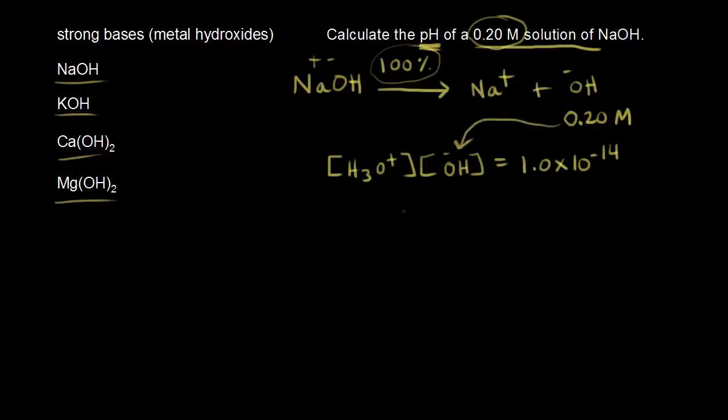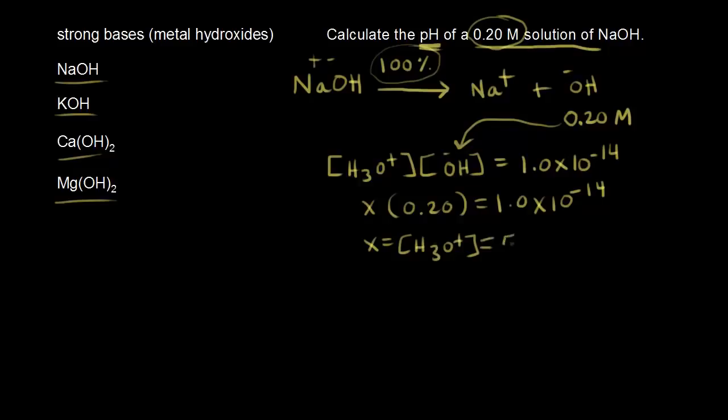So we can plug in our concentration for hydroxide, and we can say the concentration of hydronium is X. So we have X times 0.20 is equal to 1.0 times 10 to the negative 14. And so if you do that math, X is equal to the concentration of hydronium ions, and this would be 5.0 times 10 to the negative 14.